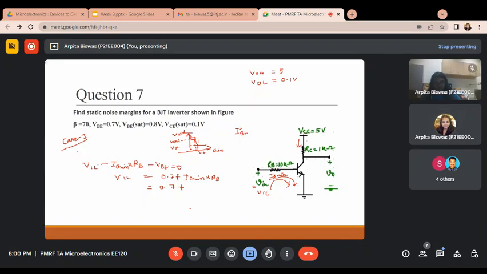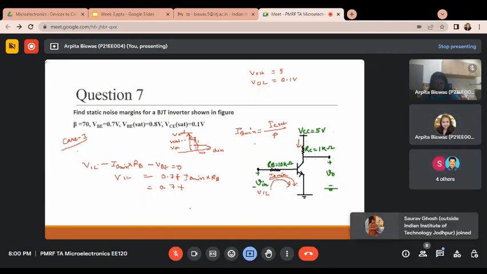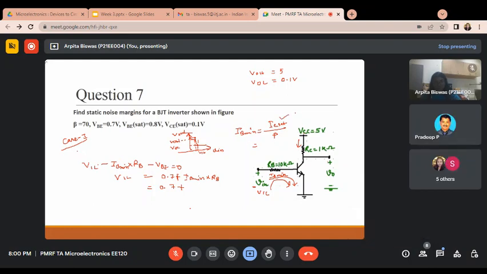IB minimum equal to IC by beta, which is IC in saturation mode by beta. So what is the value of IC saturation? 5 volts minus 0.1 by RC, madam. So the IC value is VCC minus VCE sat by RC.